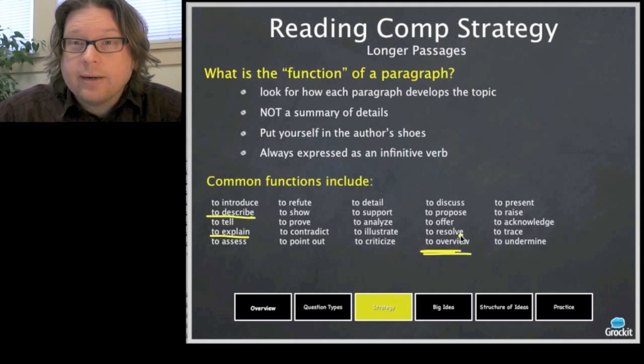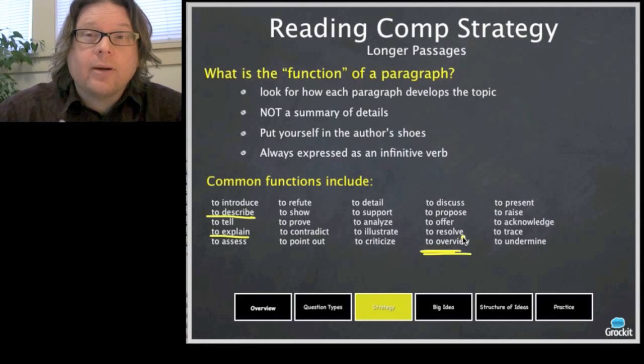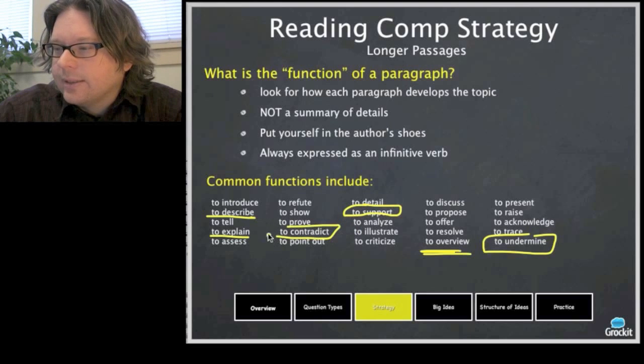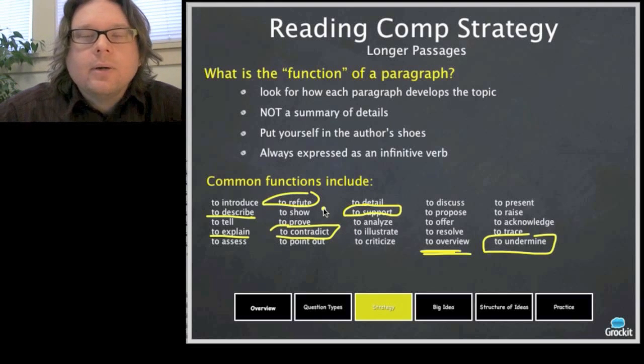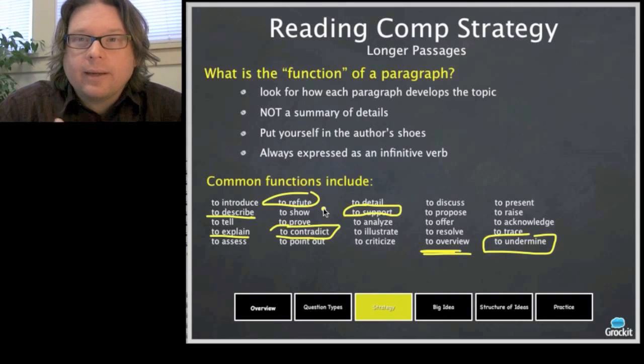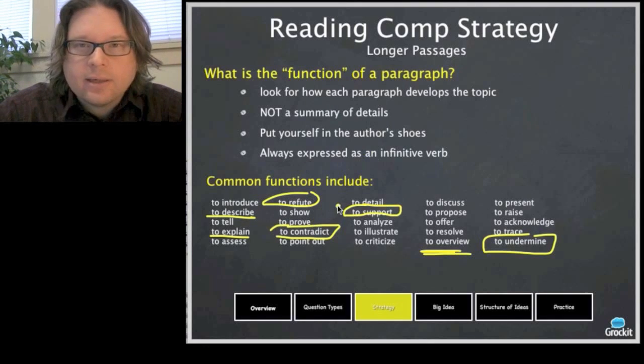However, a function that involves the author's point of view coming out would be something like undermine, support, contradict, refute. The author's point of view comes out simply in the act of providing an opinion about something, saying something is good or bad, supporting it or contradicting it. So watch out for that, and the verb you choose does make a difference.